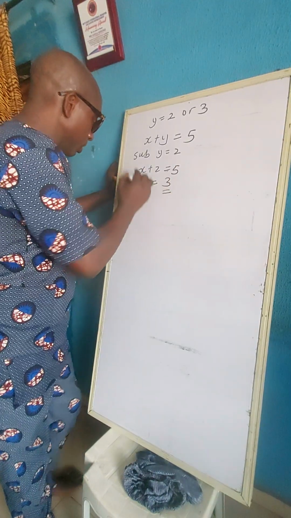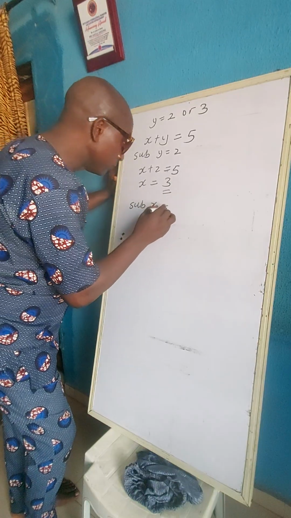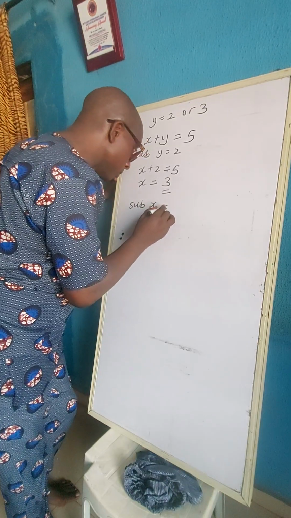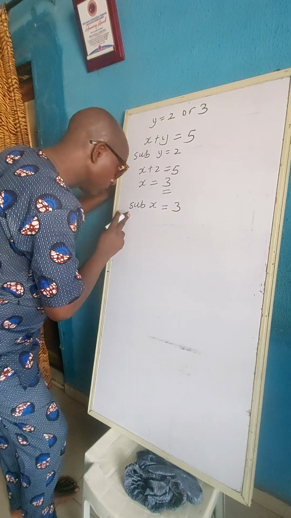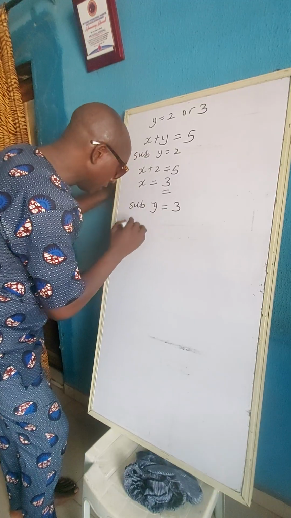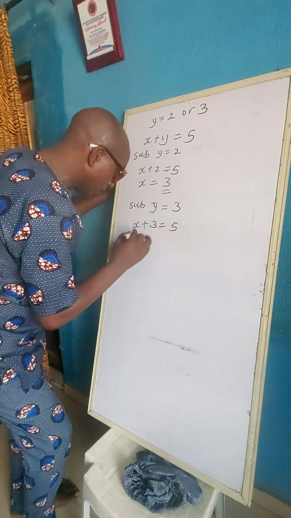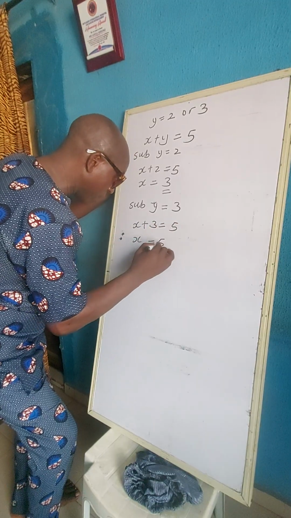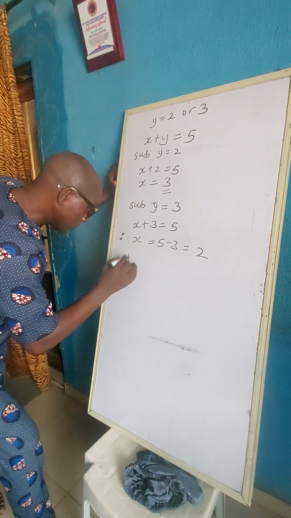When y equal to 3, it means x plus 3 equal to 5. That means x equal to 5 minus 3 equal to 2.